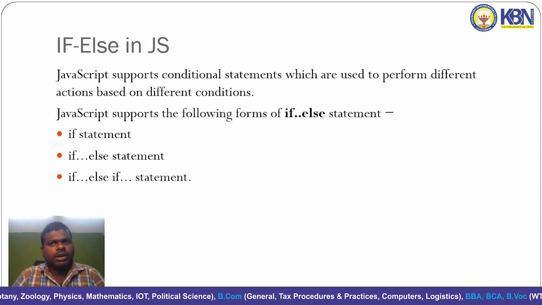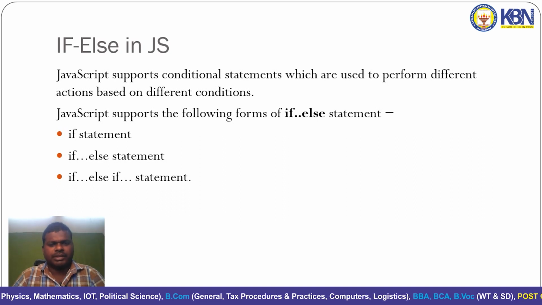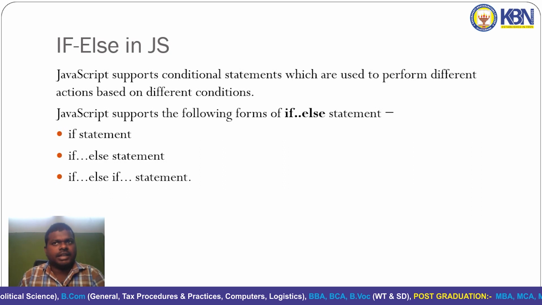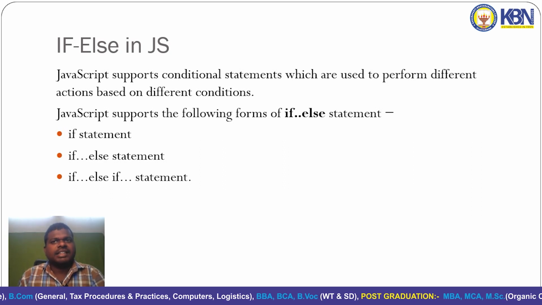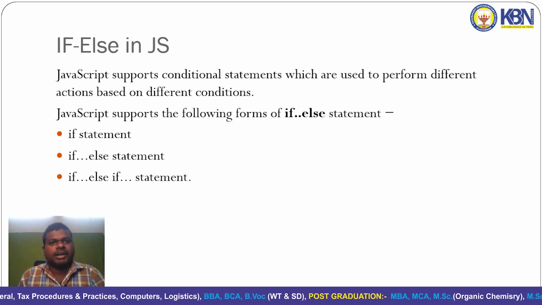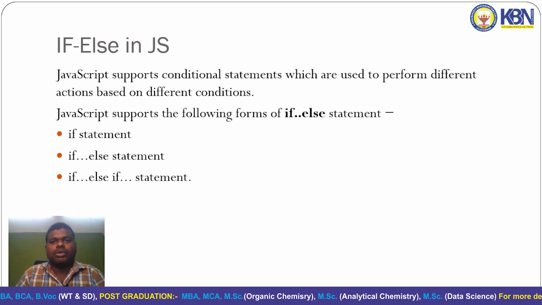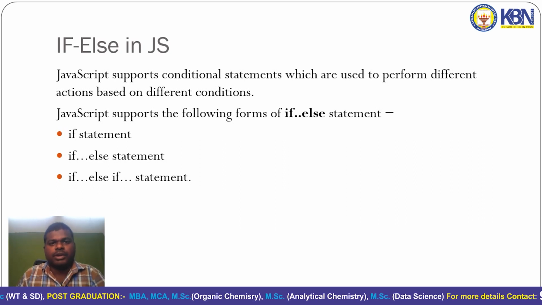I will drink water if I feel thirsty. It means that if a condition is satisfied, only then the action should be performed. That is called a conditional statement. In conditionals there are many statements, like if else and if else if statements.